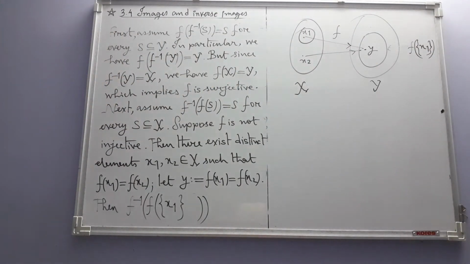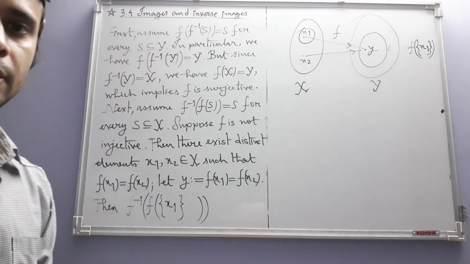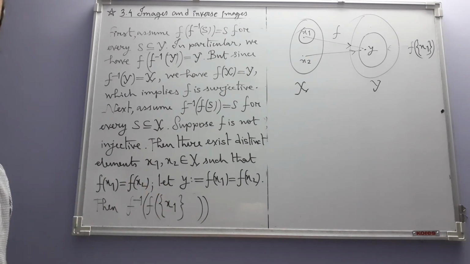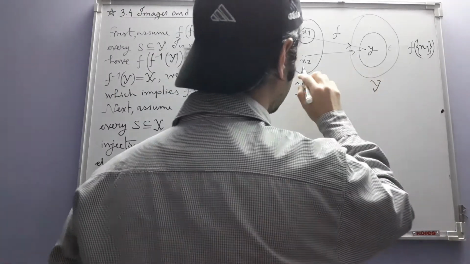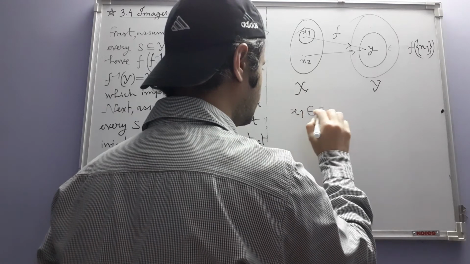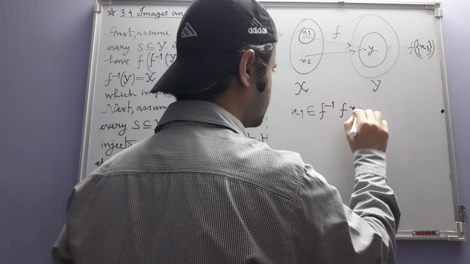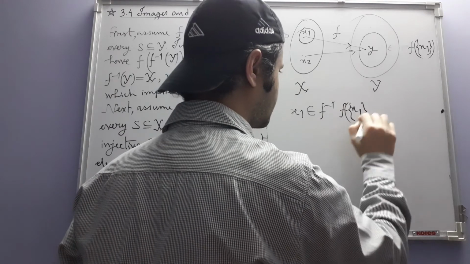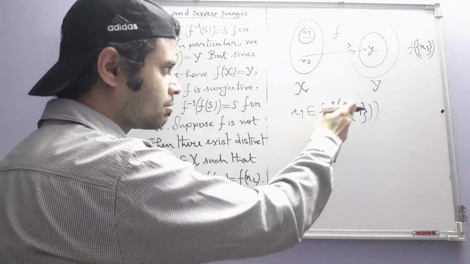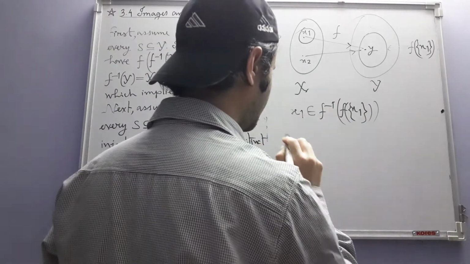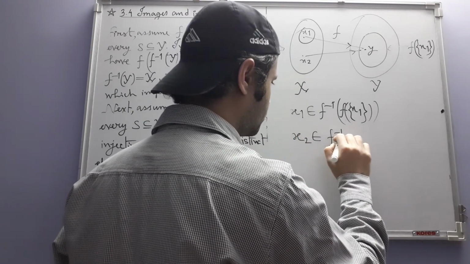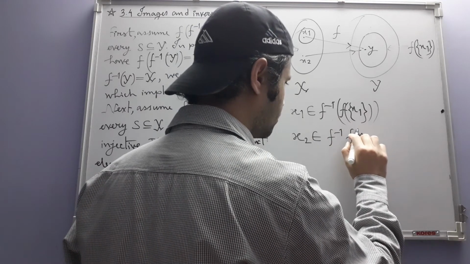For this set, if we calculate the inverse image, what do we have? We may have many things, right? Of course, x1 will be there. x1 belongs to f inverse of f of x1. Why? Simply because f of x1 belongs to this set. But at the same time, we also have x2 belonging to f inverse of f of x1.